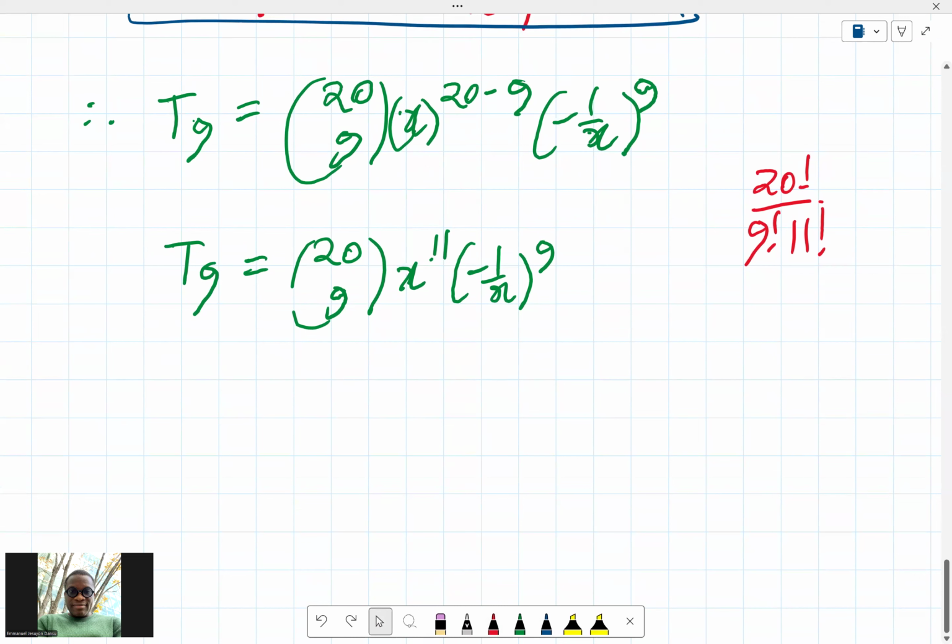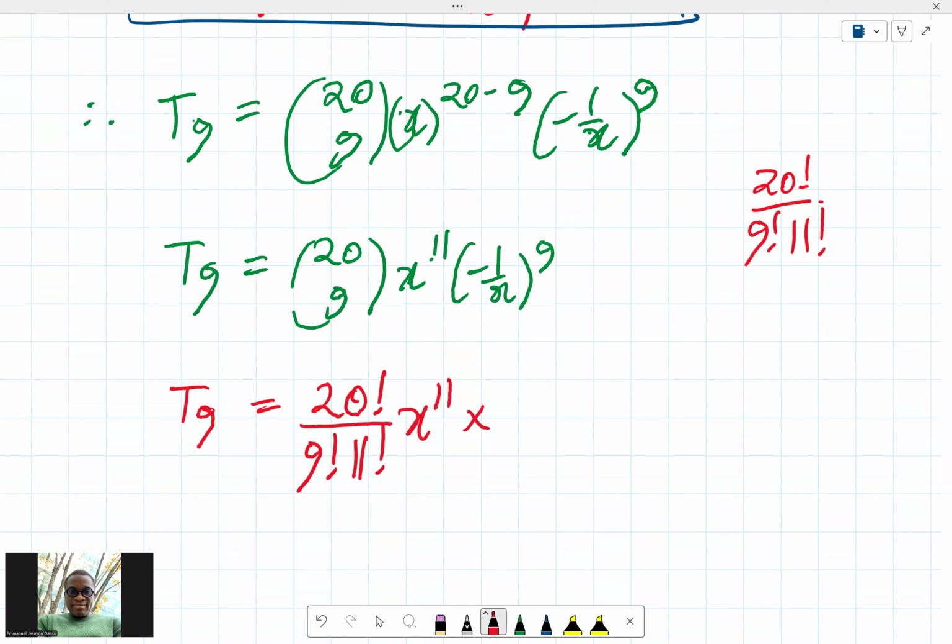But of course, T9 equals 20 factorial all over 9 factorial, then 20 minus 9, that's 11 factorial, x raised to 11 times minus 1 over x raised to power 9. So the minus remains because the power is odd.